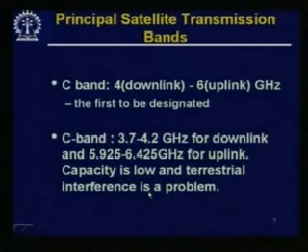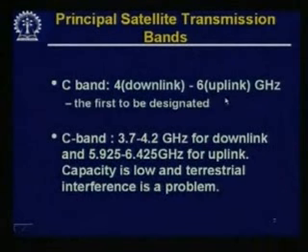Now, about the spectrum which is usually used by satellites. It is divided into sections, and each of these bands has a name, like C band, Ku band, or Ka band. The C band has 4 gigahertz downlinks and 6 gigahertz uplinks.